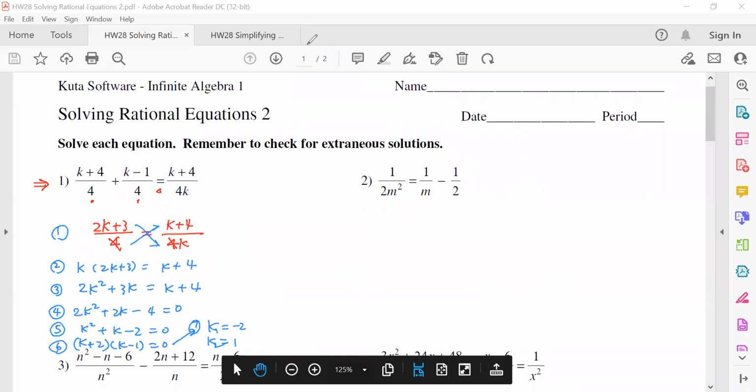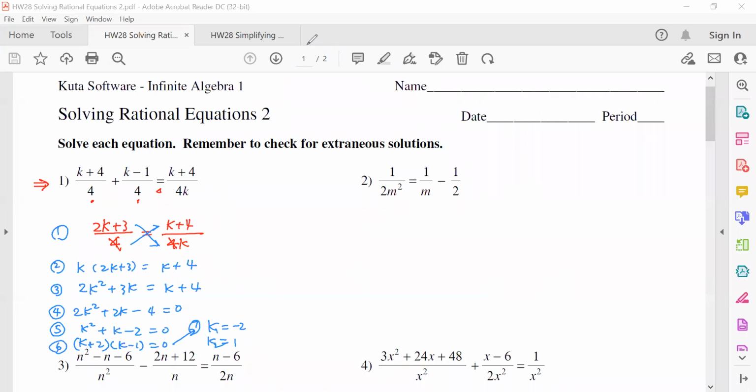Okay, let's see the second one. Here you can also find the least common denominator. Like this is 2m squared, m, 2.